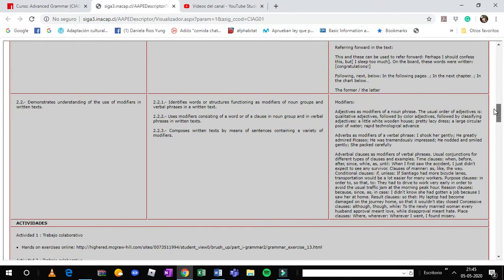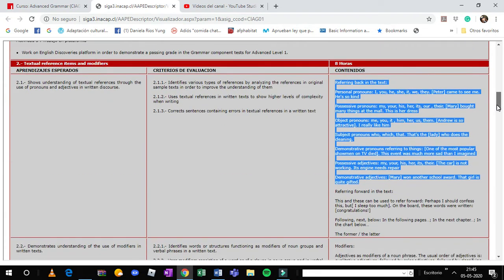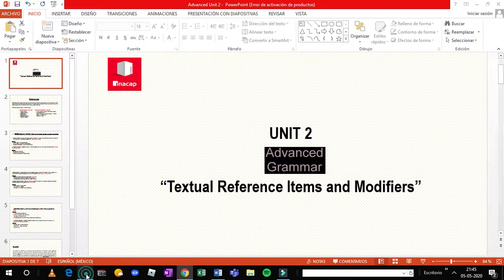Then the next objective is about modifiers. We already checked modifiers in the previous unit, but here we are going to check that content more specifically. Okay, so we are going to start with this unit and the contents, checking the most important parts of it.